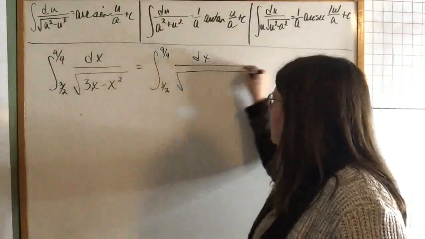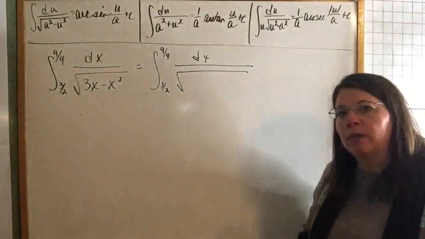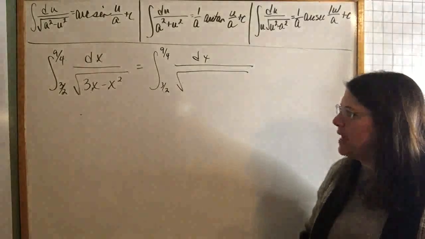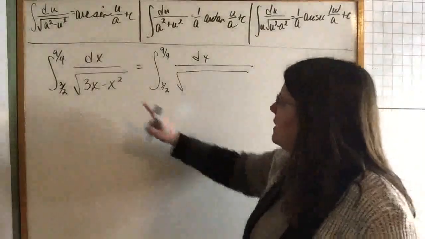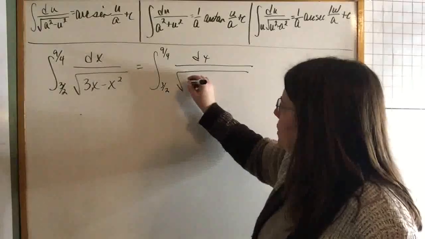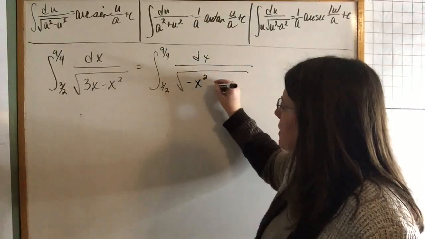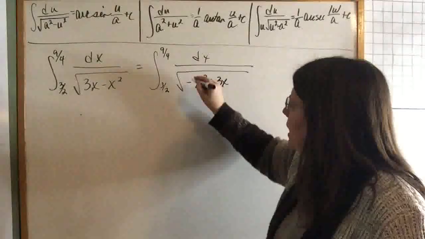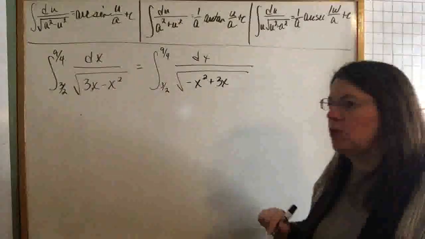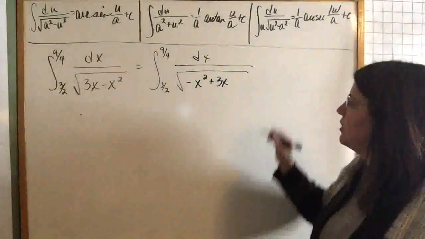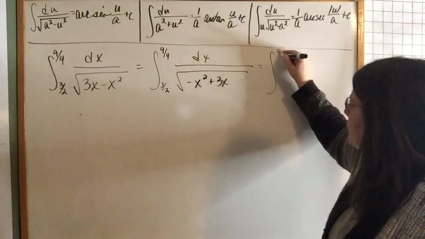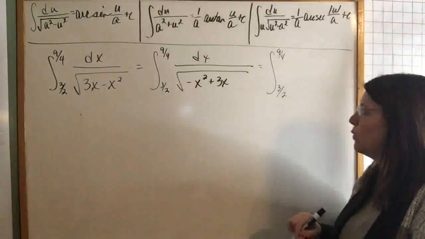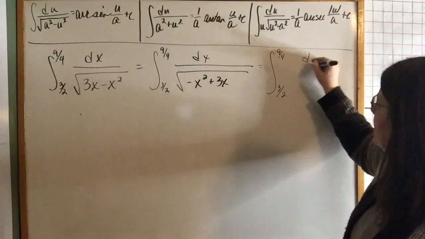I'm going to have to complete the square again on the bottom. Now, when I do that, notice it's in the wrong order, so I'm going to switch it to negative x squared plus 3x. And that's what I'm going to complete my square of. So if I do that, still going from 3/2 to 9/4, I've got the dx.